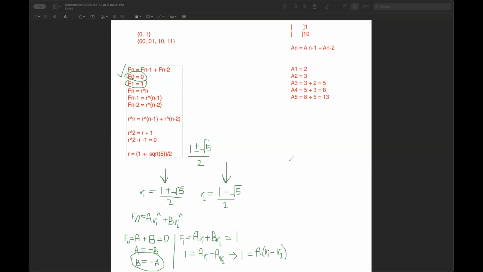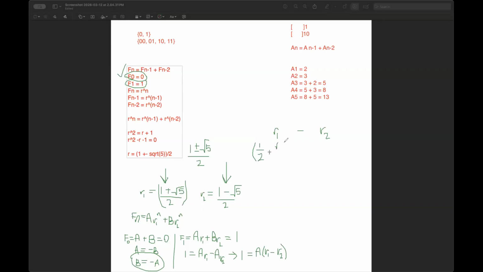That's easy to do. So I'm going to take r sub 1 minus r sub 2, and let's figure out what that is. R sub 1, instead of doing 1 plus root 5 over 2, I'm going to do this entire thing and say 1 over 2 plus root 5 over 2, just easier to see this way.